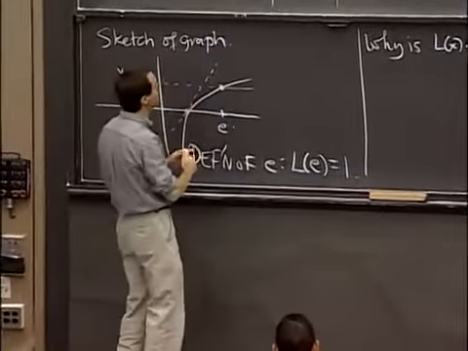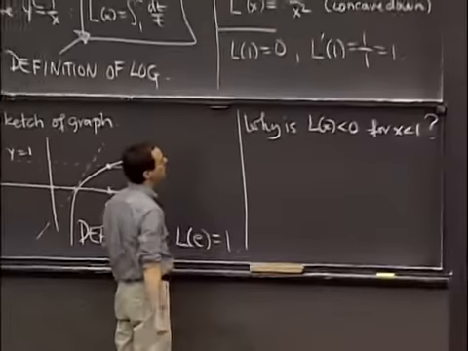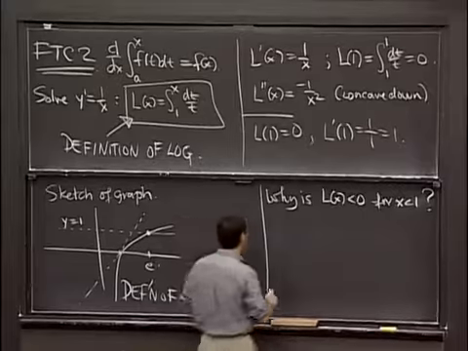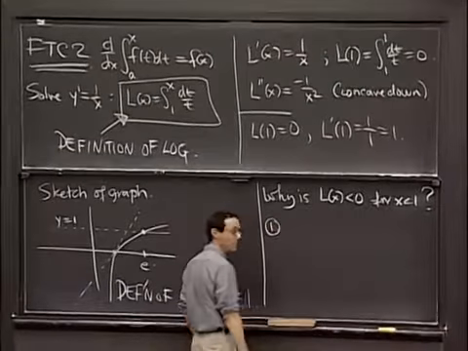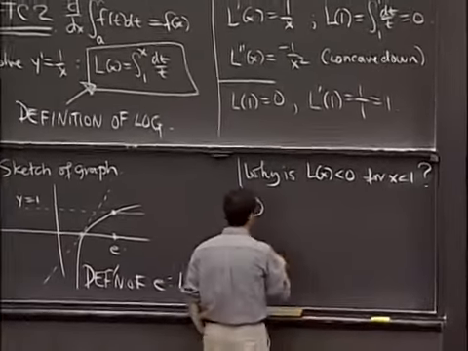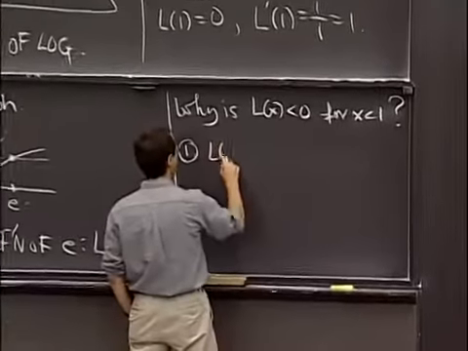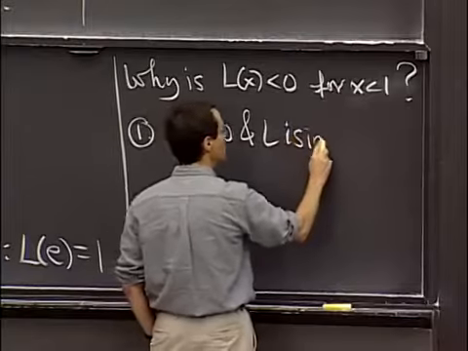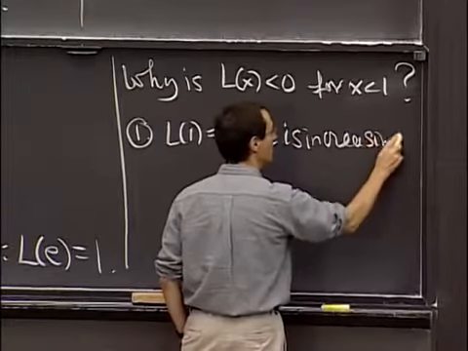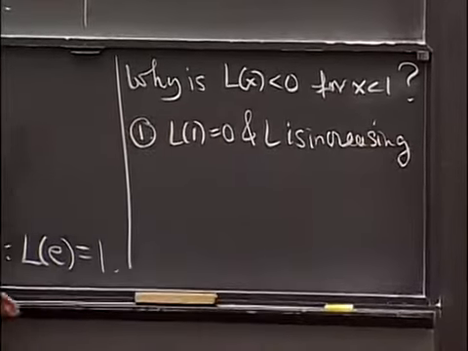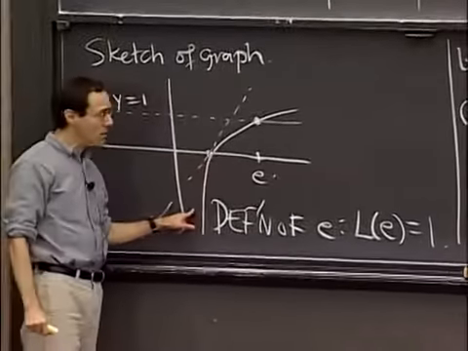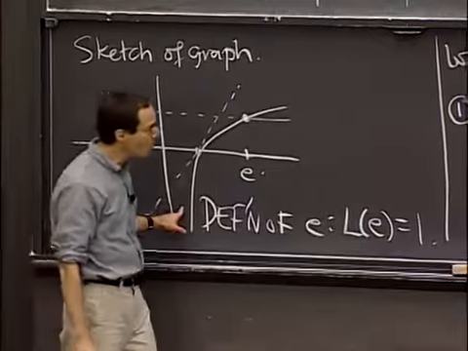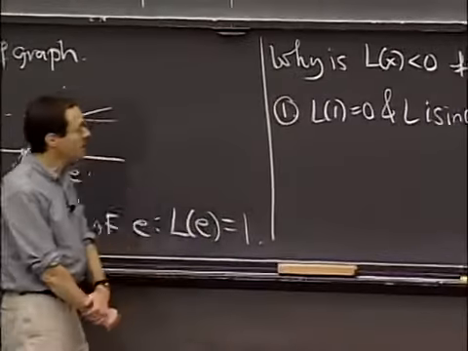Again, we're only working from very first principles here, just the property that L prime is 1 over x and L of 1 is 0. So our first reason is that, well, I just said it, L of 1 is 0 and L is increasing. If you read that backwards, if it gets up to 0 here, it must have been negative before 0. All right, so this is one way of seeing that L of x is negative.